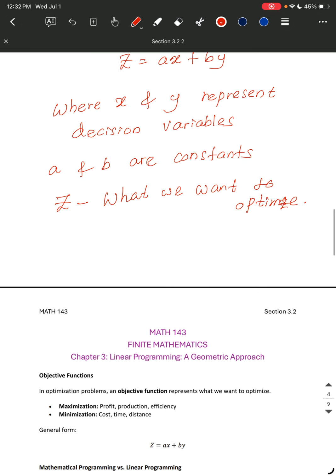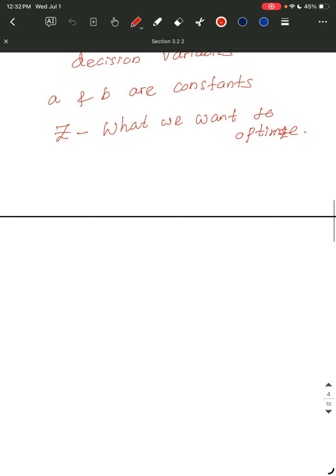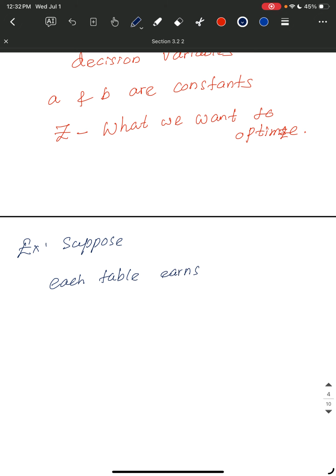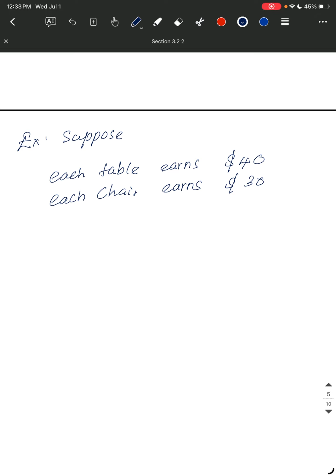Okay, let's see a quick example. Suppose each table earns $40 and each chair earns $30. What should the objective function be?